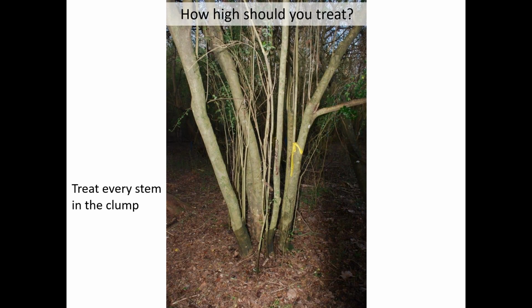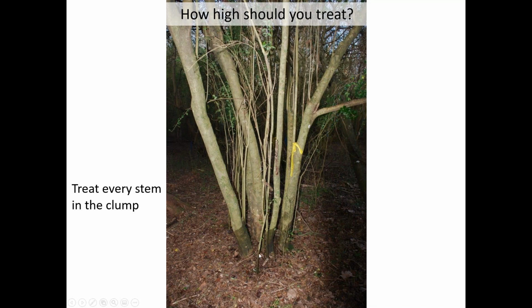Okay, I also mentioned before you do have to treat every stem in the clump, including these very small ones. I've seen situations where we miss treating these and the tree survives. This thing survives and produces a brand new sapling very quickly, whereas the rest of the tree dies. So sometimes, unfortunately, I would love to be able to say, yeah, you treat all the bigger ones here, and you don't have to treat the smaller ones.